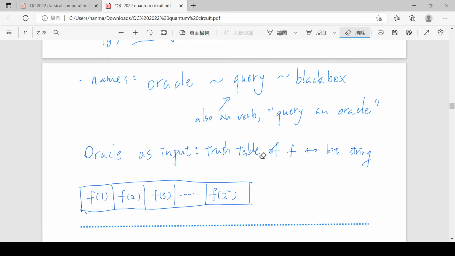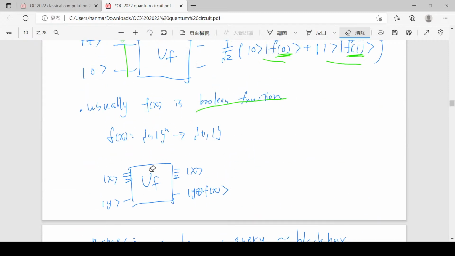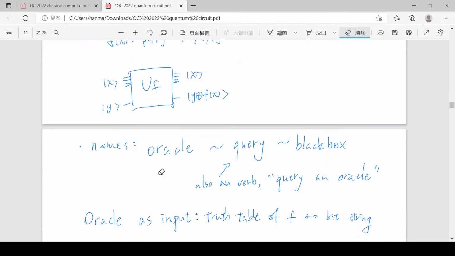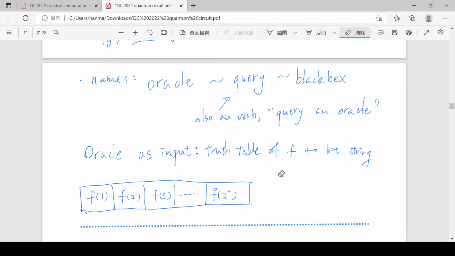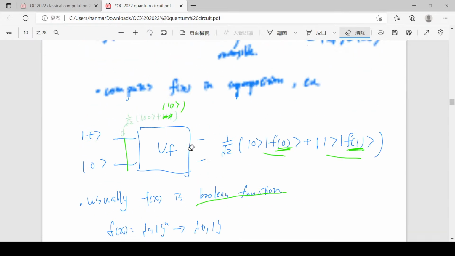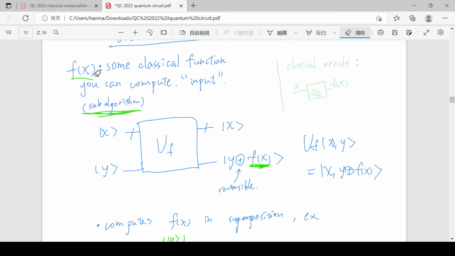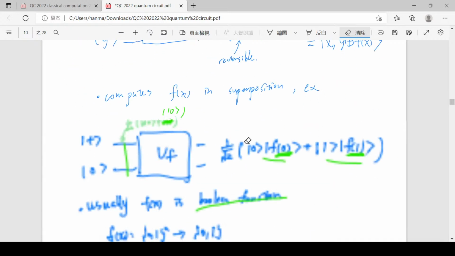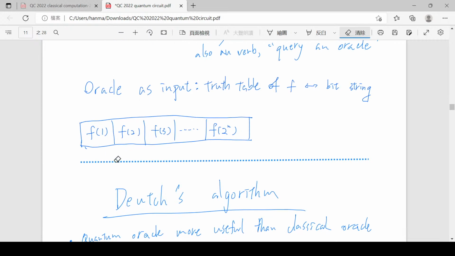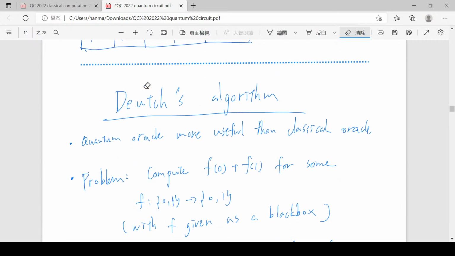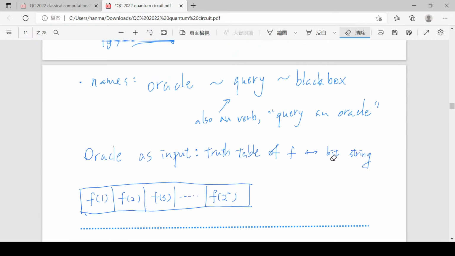This truth table of f can be thought of as a bit string, and we can think of this bit string as the input to another problem that we want to solve. So we think of f as a sub-algorithm, and then there is some other thing you want to compute on the output of this sub-algorithm, that we don't have time to go into, but next class we will see.